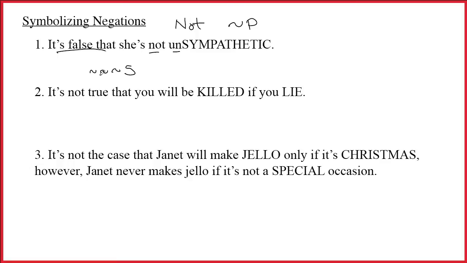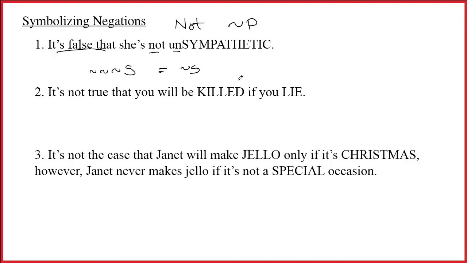Now, it turns out that two tildes basically reverse their value in the same way that minus signs reverse their own value. So it would also be acceptable to symbolize this as just tilde s. That's an equal sign there: tilde tilde tilde s equals tilde s.